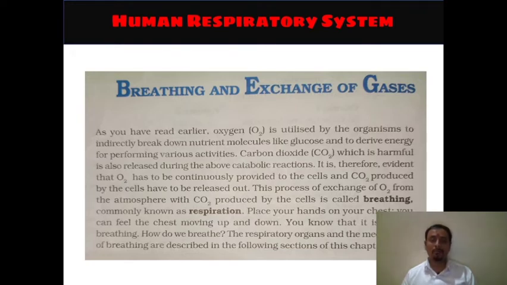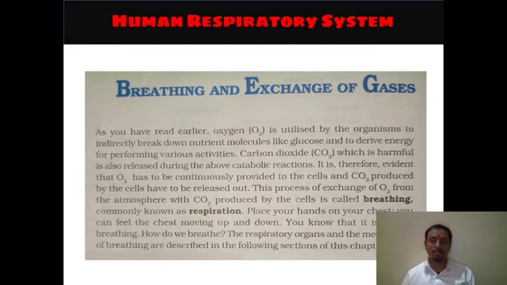So basically what we do here is exchange the atmospheric oxygen with CO2. The oxygen is taken inside the blood cells such as RBC and binds to the hemoglobin pigment present inside the RBC, while the CO2 is released inside the lungs to exhale it.